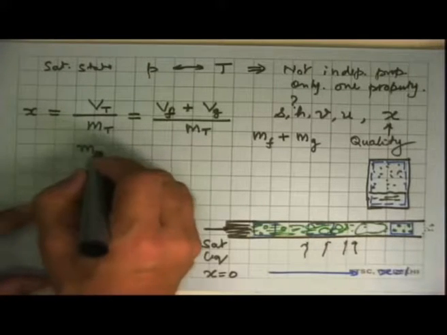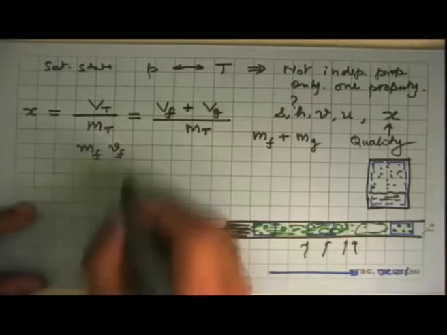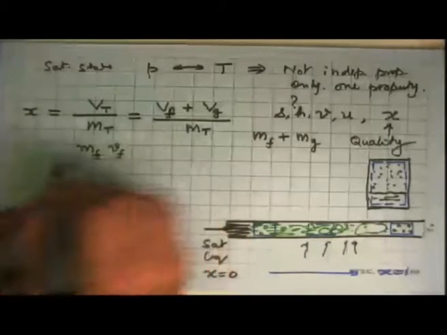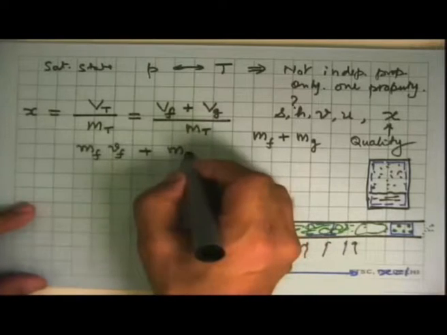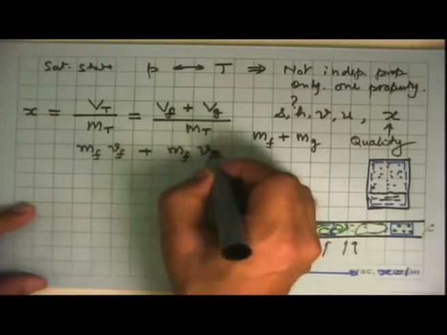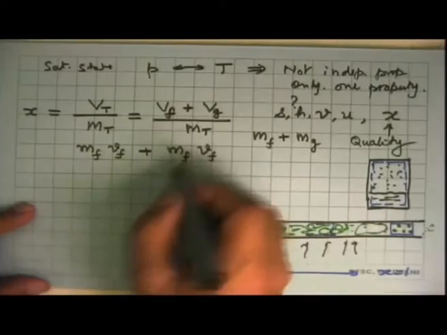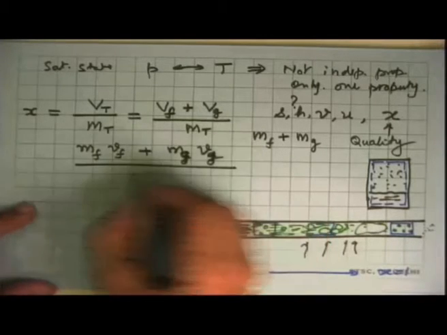This is mf into Vf, the specific volume of the liquid, so that is the volume occupied by the liquid. And similarly, the mass of the vapor multiplied by the specific volume of the vapor, Vg, is the volume occupied by the vapor, divided by the total mass.